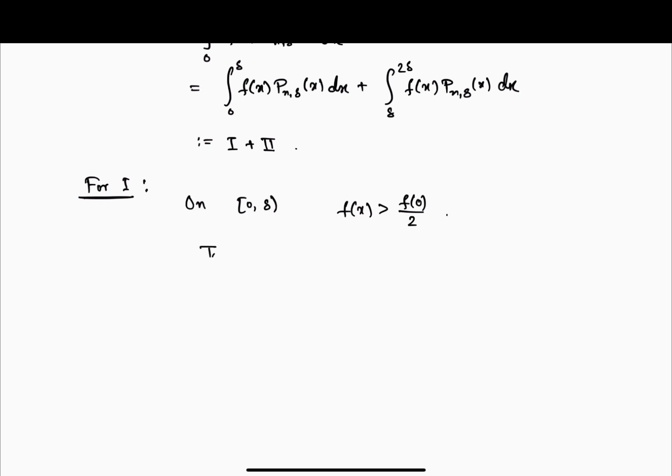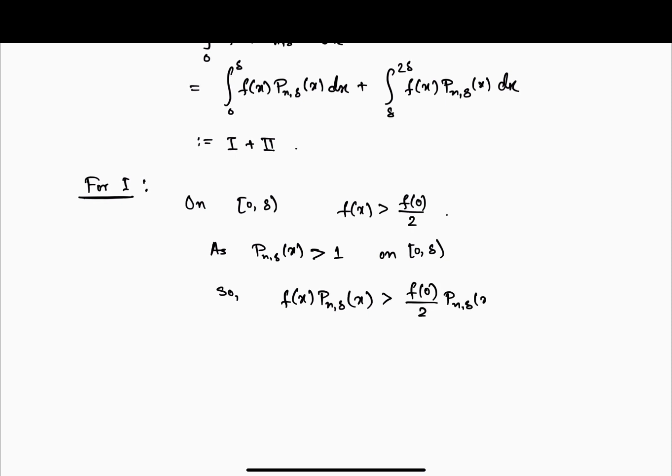Therefore, as P_n,delta of x is bigger than 1 on this region, you can multiply. So f(x) P_n,delta of x is bigger than f(0) by 2 times P_n,delta of x on 0 to delta.